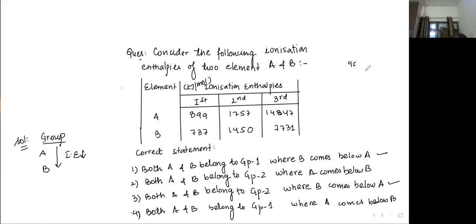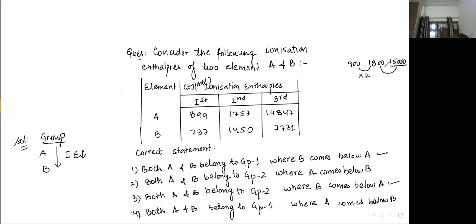Then removal of the second electron requires around 1800, so it is doubled.